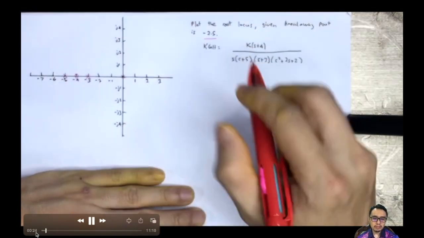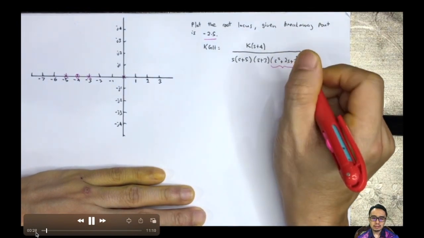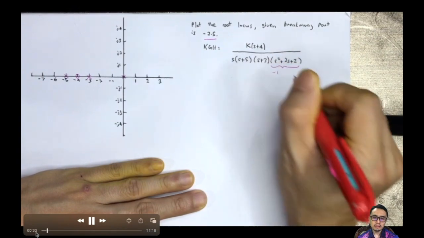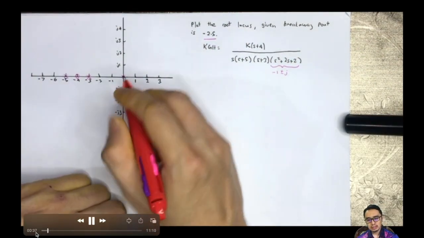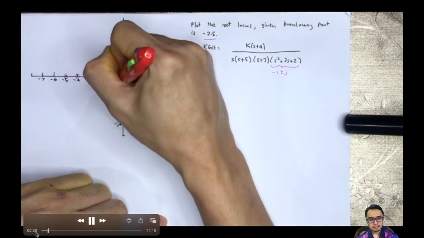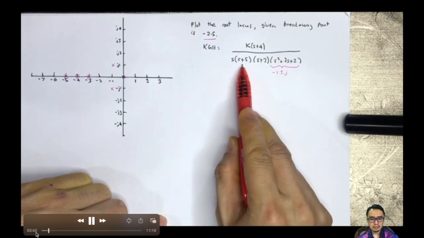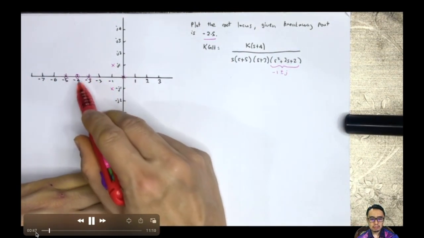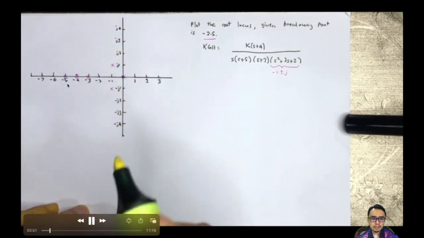So here I'm plotting all the poles and zeros, right? That's the two complex poles that I'm going to write. That's -1 plus minus j, and then there's 1 zero at -4, yeah, -5, -3.